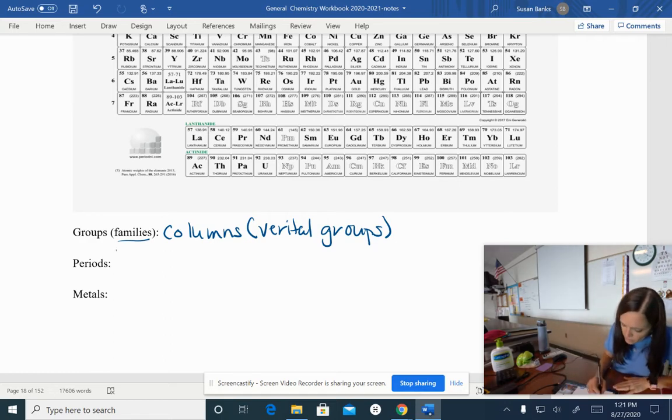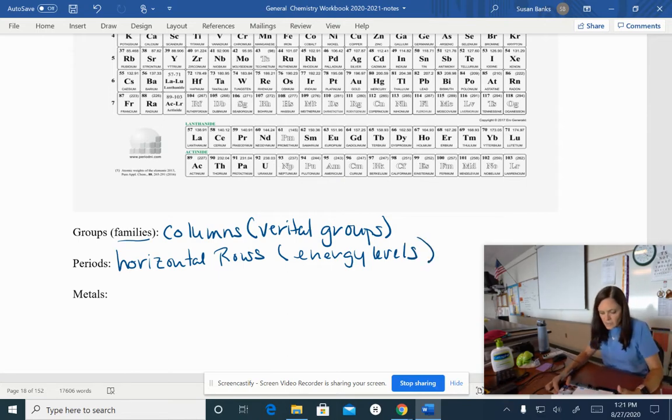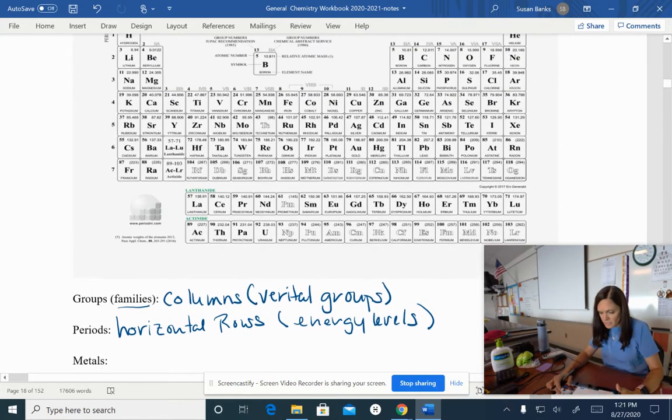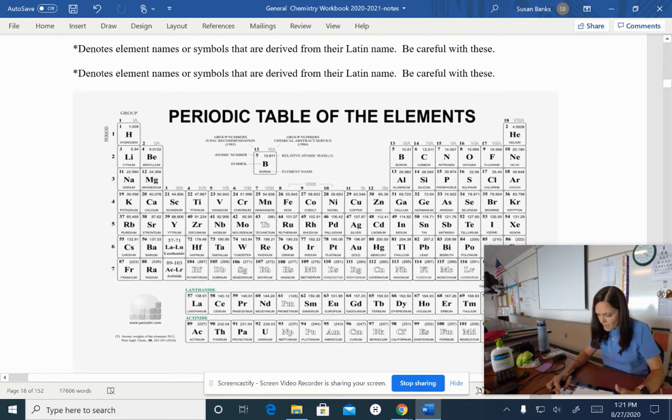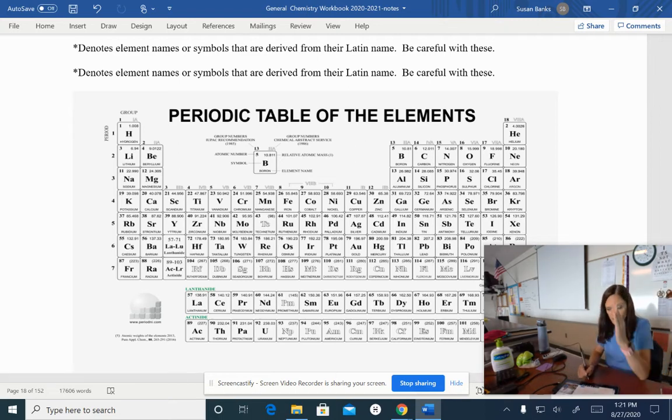So periods are the horizontal rows. And they basically are talking about energy levels. Okay? So let's number the groups and the periods really quick. So I'm going to go back here. So we're going to number the groups first. Remember, the groups are the vertical columns.